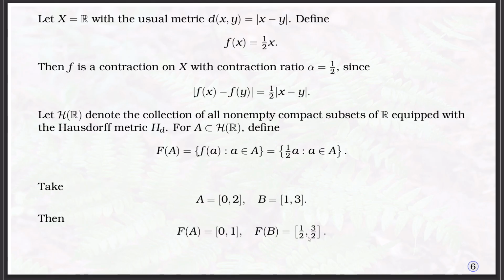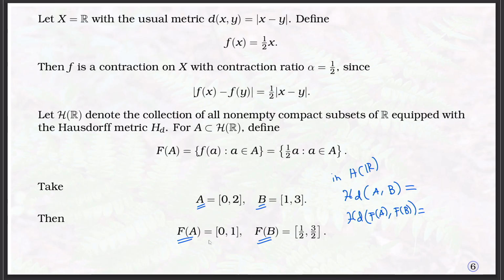Now let us first find the distance between these two sets, and the distance between these two sets, in H of R. So for finding the distance between A and B, we need to obtain HD of A comma B, and we need to obtain what is HD of f of A and f of B. So here two sets are compact sets in H of R. In H of R, the metric is the Hausdorff metric.